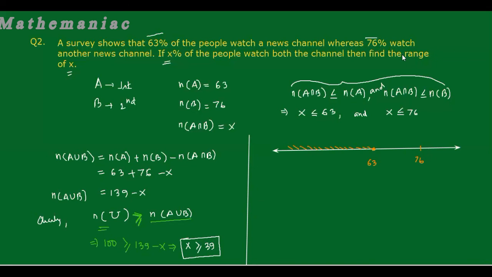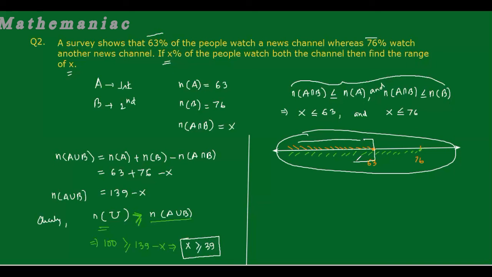X less than or equal to 76 means this side, including 76. If both results must be true at a time, both are true on this part.